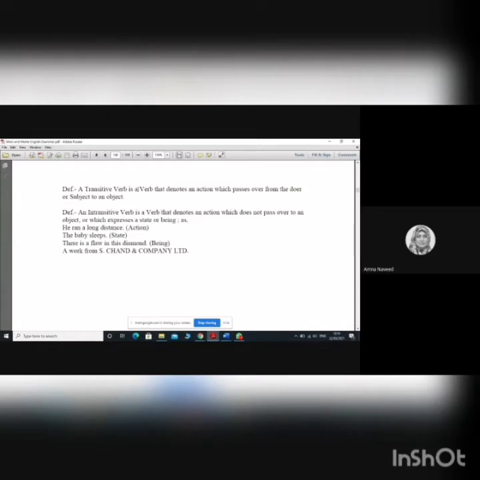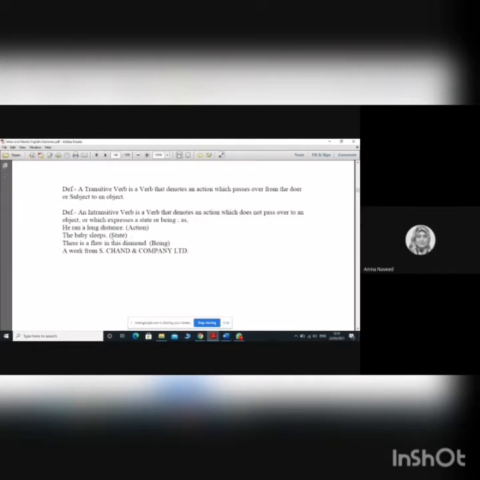A transitive verb is a verb that denotes an action which passes over from the doer or the subject to an object. ठीक है, जब आपके सब्जेक्ट से आपका एक्शन जो है वो ऑब्जेक्ट की तरफ जा रहा है, this is a transitive verb. और ऐसे वर्ब्स जहां पे आपका एक्शन सब्जेक्ट से it is not being passed on to the object, that is known as an intransitive verb.